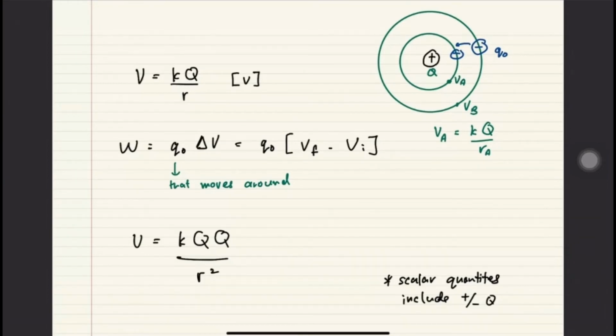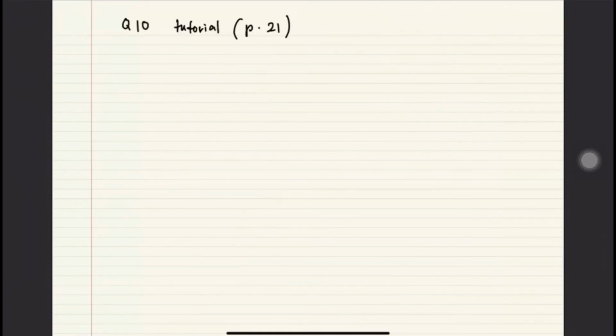Now let's try doing questions. Maybe we do question 10 first. It says in figure 1.9 there are 3 equipotential lines drawn around a point charge. Line A has a potential of 10, line B a potential of 8, and line C a potential of 5.